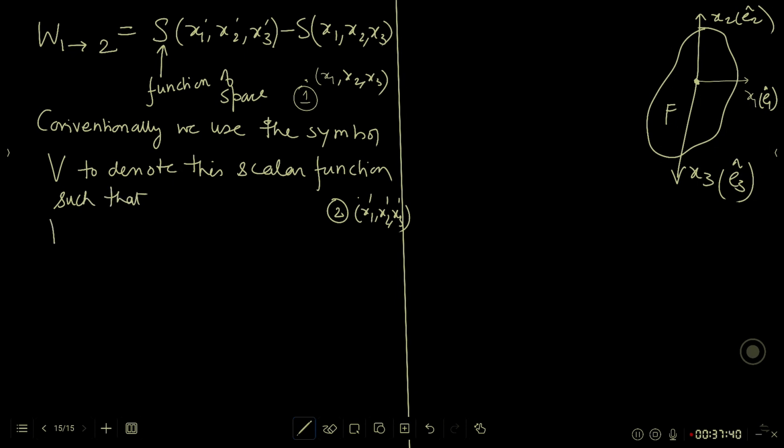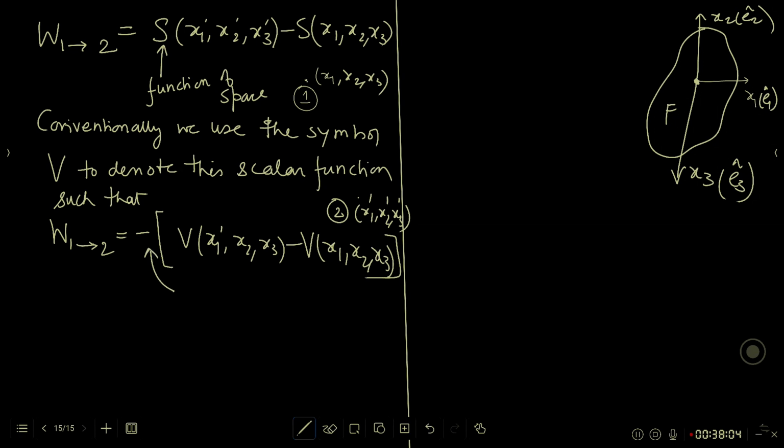Mind you, there is a negative sign we have put here. Why have we put it here? Convention. If everybody agrees from today onwards that we will write the work done by a conservative force going from location 1 to 2 as the value of the function at the final location minus the value at the initial location, we all will be fine. But no, the convention has been to write it like this.